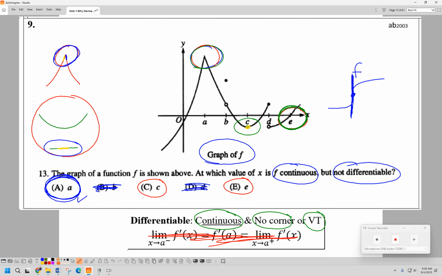No. A corner would be where the graph of f changes abruptly, something like that. Or here's another example. Those are all corners. So no corner. It's also not a vertical tangent. That means it is differentiable.